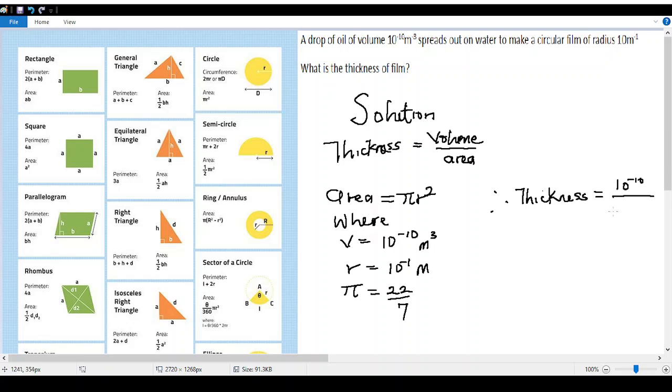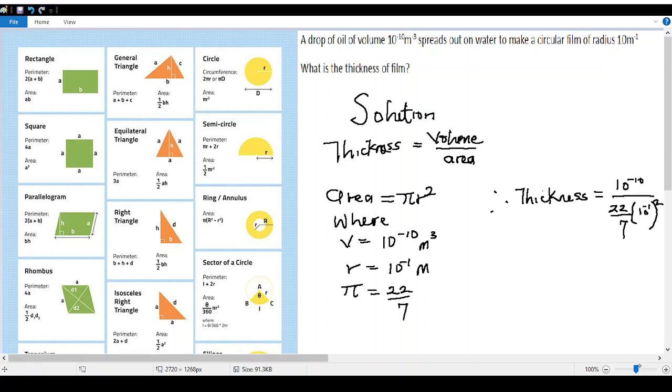So I'm going to say 22 over 7, which is the pi, all in a bracket. Our r there is 10 raised to the power minus 1, all bracket close, 2.